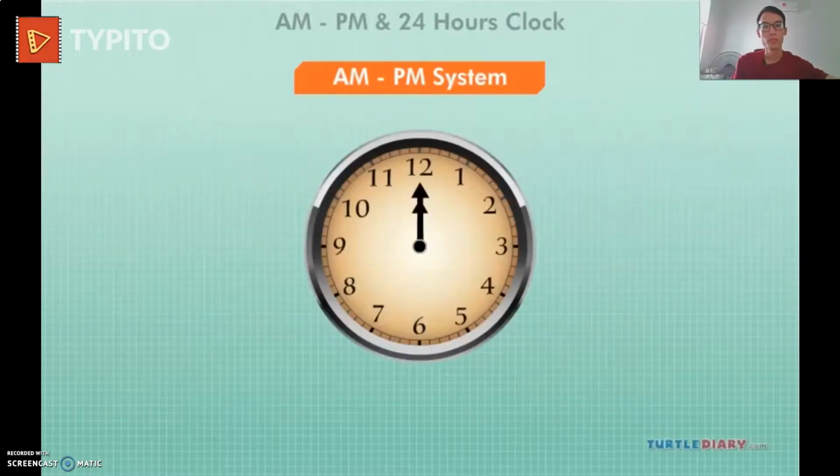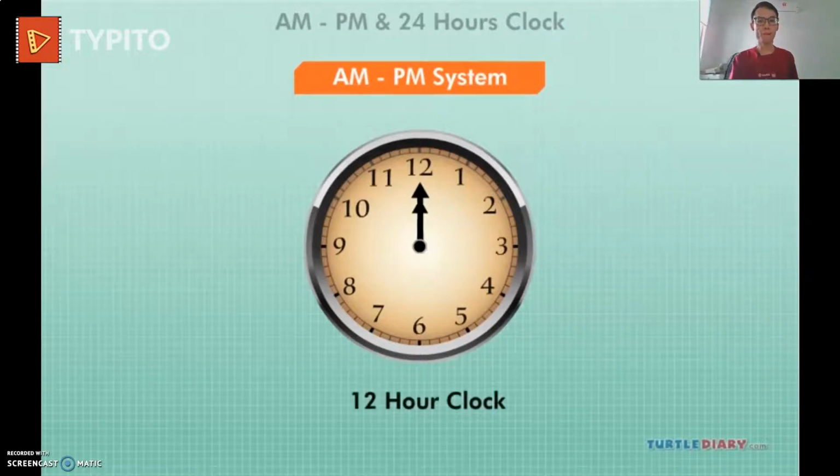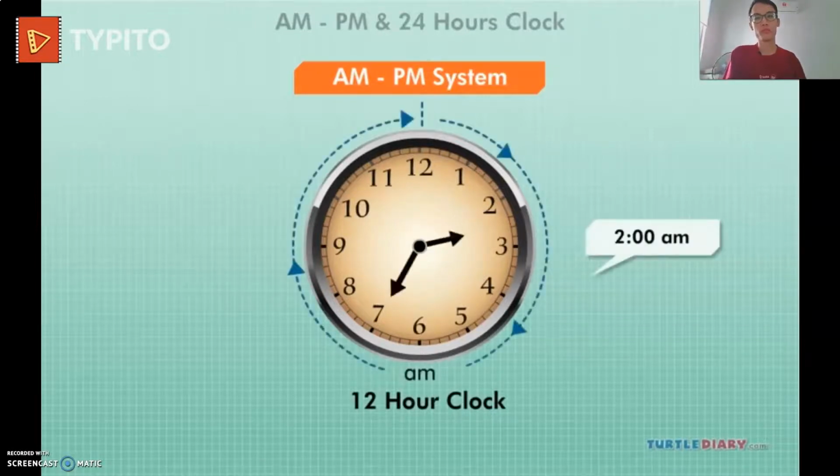In the AM-PM system of time, which is what most people use and what you are used to seeing, a 12-hour clock is used. That means that the morning goes up until 12 o'clock noon.